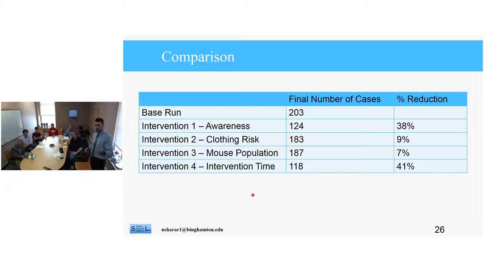We get the best results from intervention 4, which is increasing awareness and situational awareness in a 6-month period. So we got a 41% reduction of LD cases. And interestingly, we don't see a good result from interventions 2 and 3.